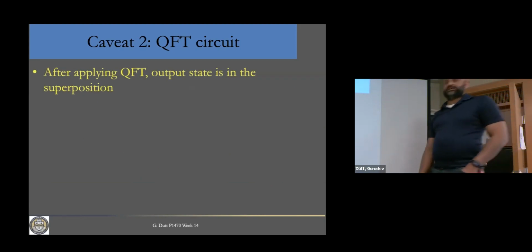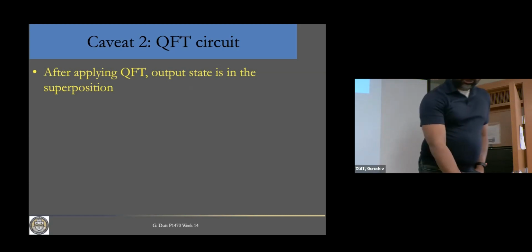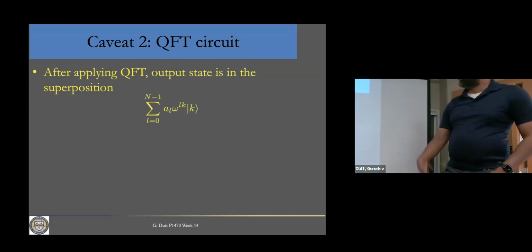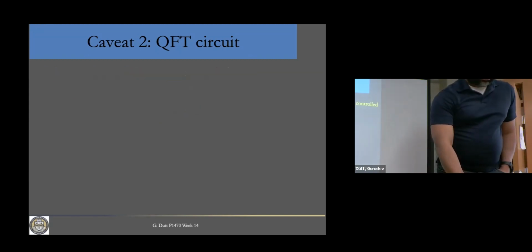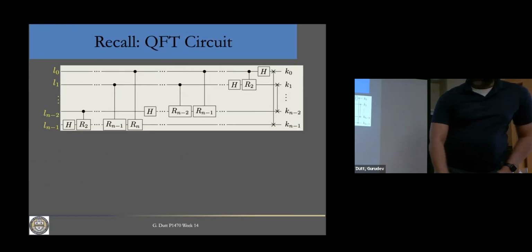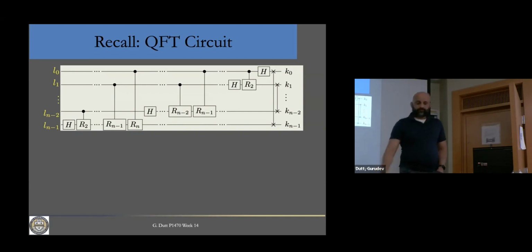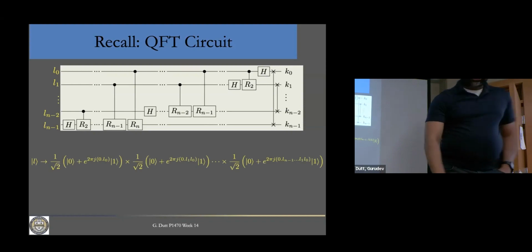The second caveat is actually a little bit more tricky. Okay? So after applying the QFT, the output state is in the superposition which was given here, which is essentially what I'm saying is if I go back here, right at this point here, before I make any measurement, the output state is in this superposition over here.